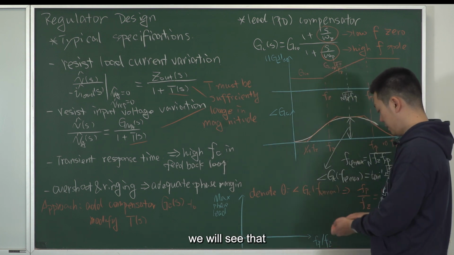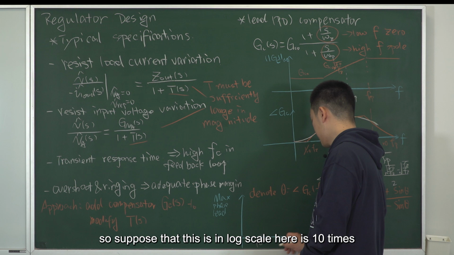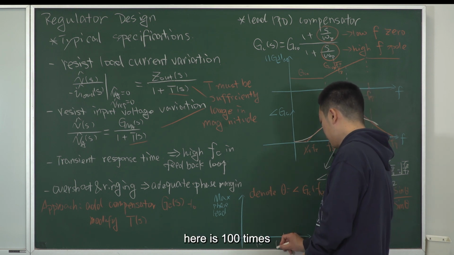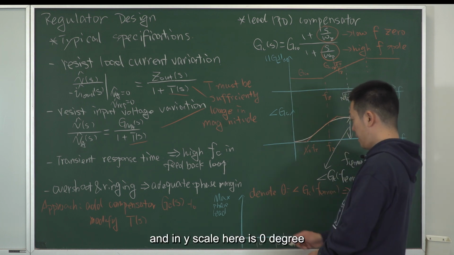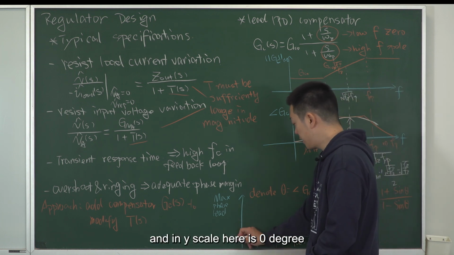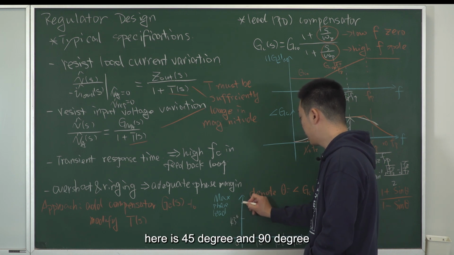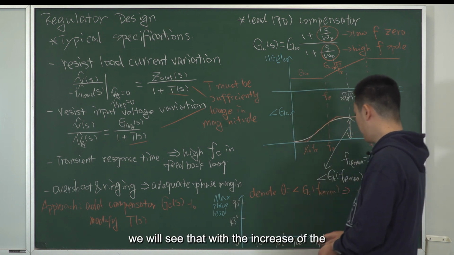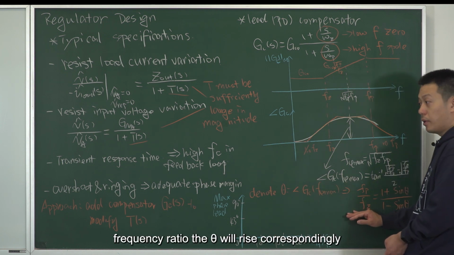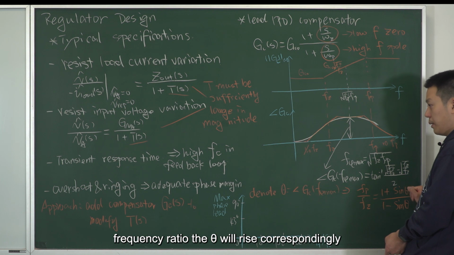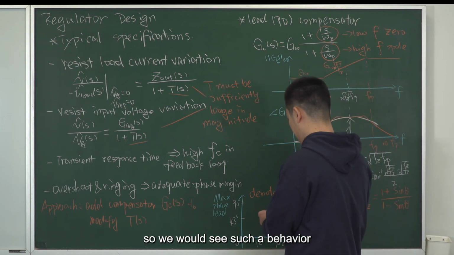Suppose this is in log scale: here is 10 times, here is 100 times, here is 1,000 times. On the y scale, here is 0 degrees, here is 45 degrees, here is 90 degrees. We will see that with the increase of the frequency ratio, theta will rise correspondingly.